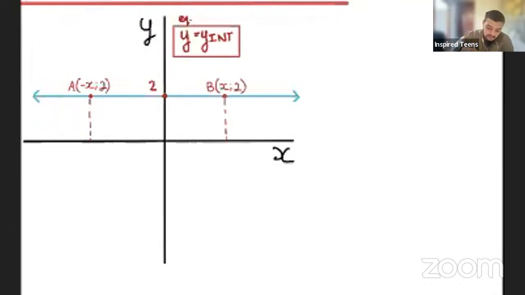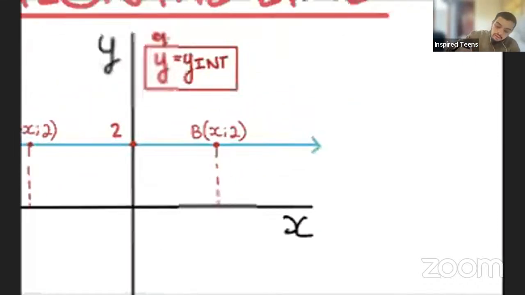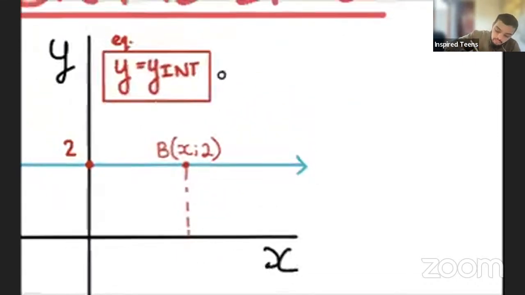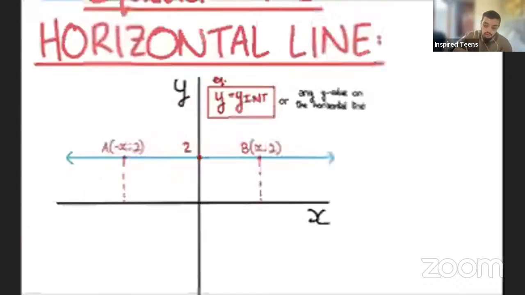Like I was saying, the y value remains constant on a horizontal line. So when we talk about y is equal to the y-intercept, or any y value on the horizontal line, because the y value remains constant on the horizontal line.